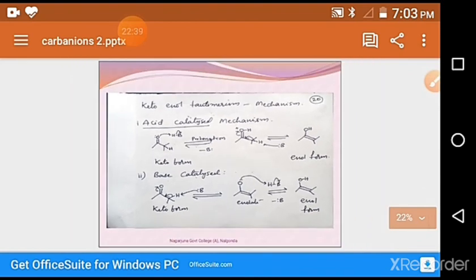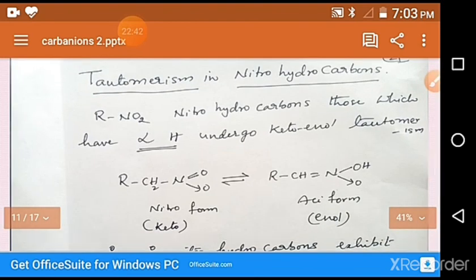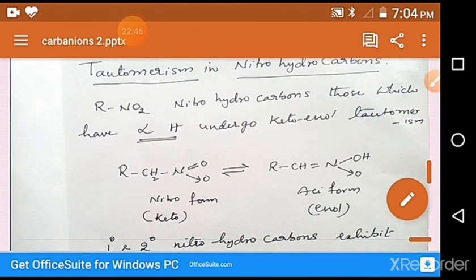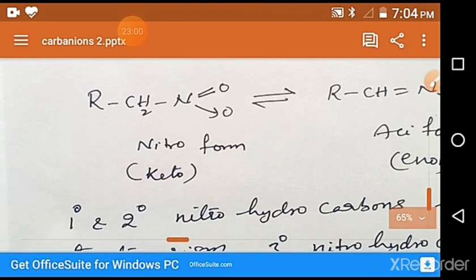Okay, then tautomerism in nitro compounds. In nitrohydrocarbons, we discuss something about this. Nitrocarbons also exhibit tautomerism similar to keto-enol tautomerism. Which compounds have alpha hydrogens?